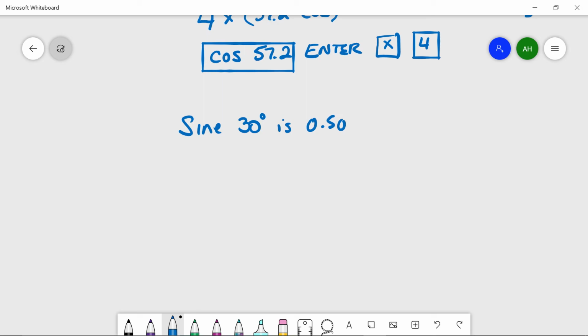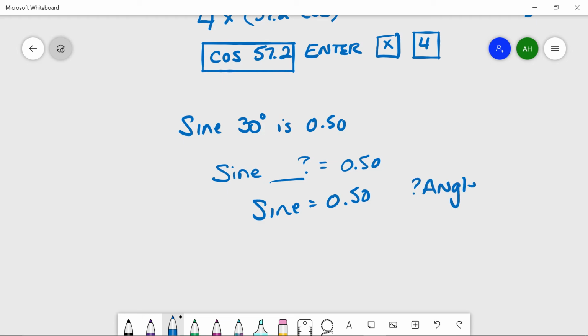So if I happen to know that the sine of some angle is 0.50, and I'm wanting to figure out what that angle is, I know that the sine equals 0.50. So what's the angle? That's where we're going to use our inverse function on our calculator.